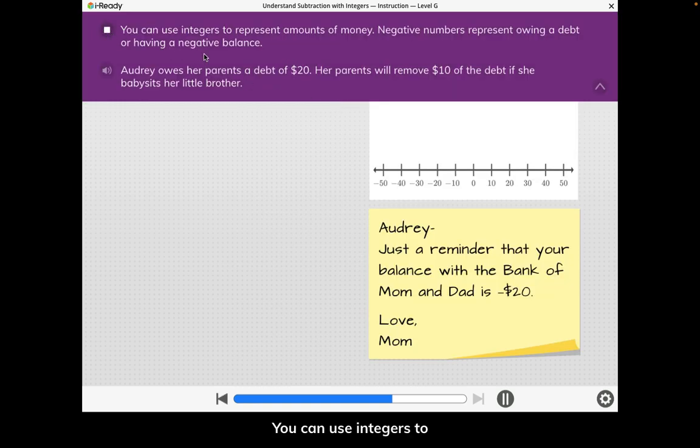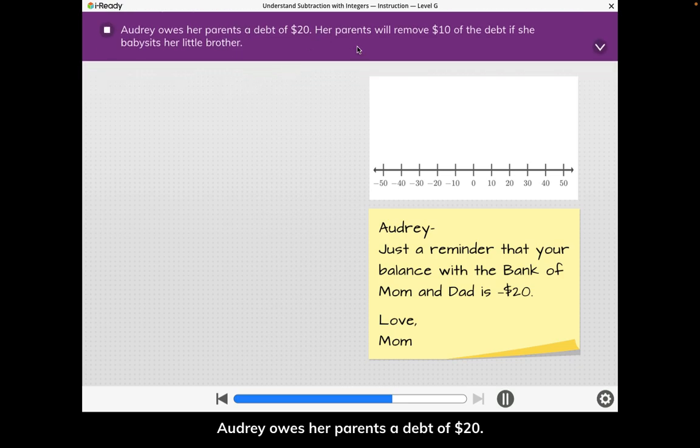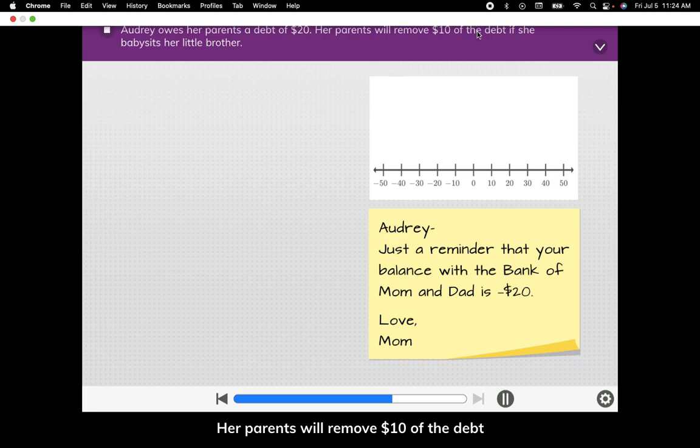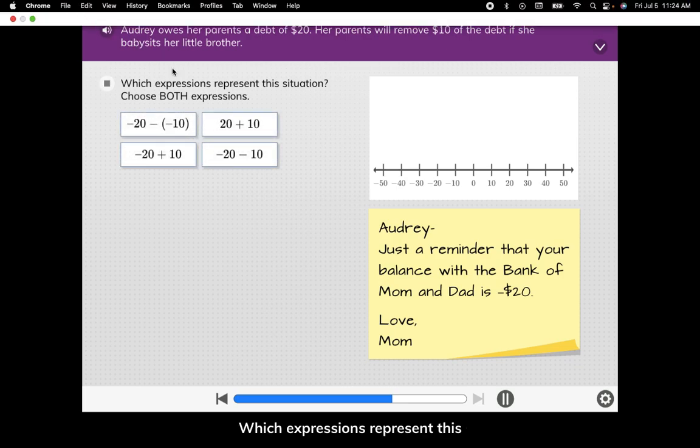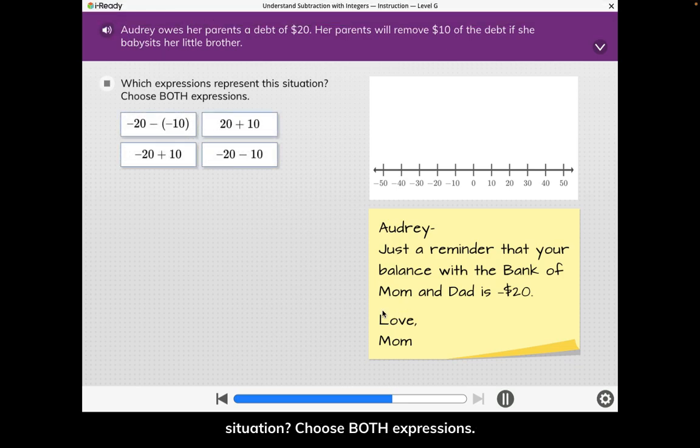You can use integers to represent amounts of money. Negative numbers represent owing a debt or having a negative balance. Audrey owes her parents a debt of $20. Her parents will remove $10 of the debt if she babysits her little brother. Okay, so which expressions represent the situation?